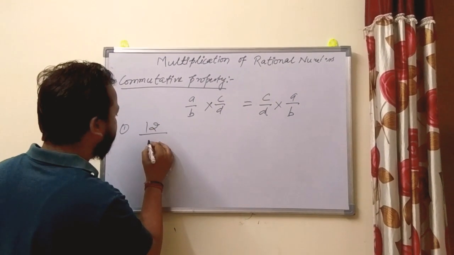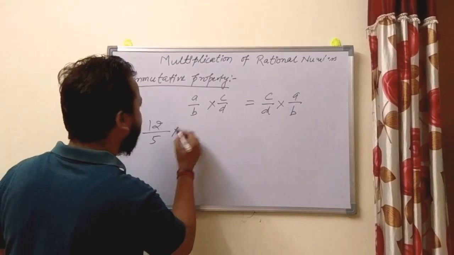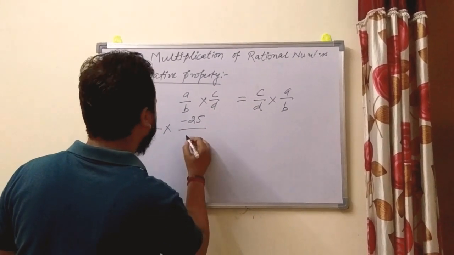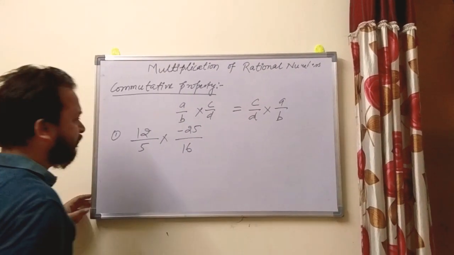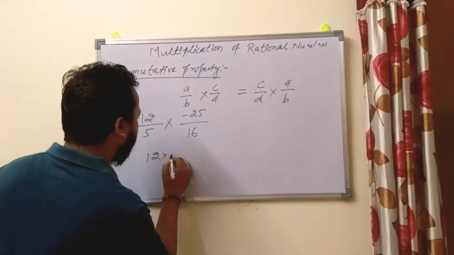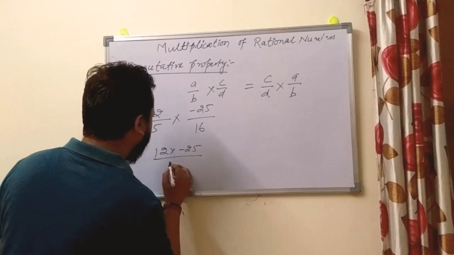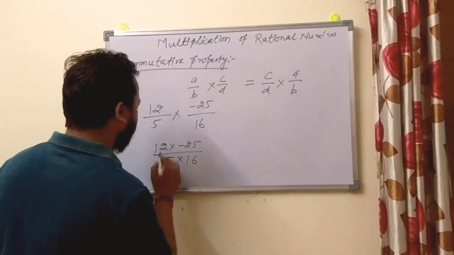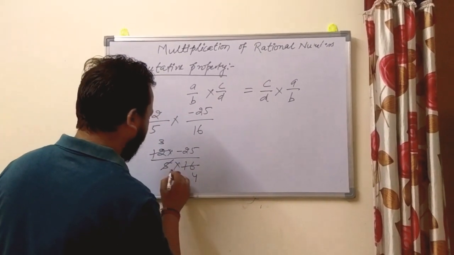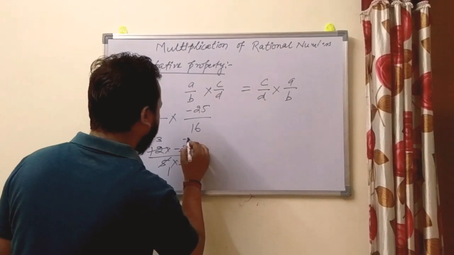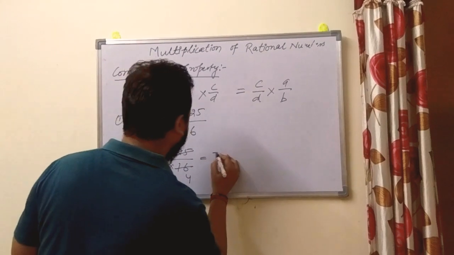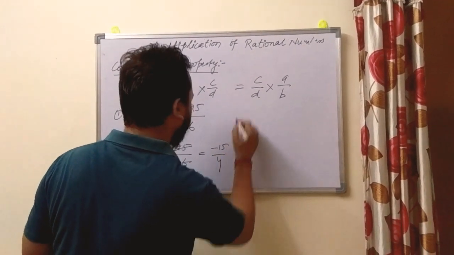12 upon 5 multiplied by minus 25 upon 16. If we are taking the product, 12 multiplied by minus 25 divided by 5 multiplied by 16. 4 3s are 12, 4 4s are 16, 5 1s are 5, 5 5s are 25. So the answer is 5 3s are 15, minus 15 by 4.